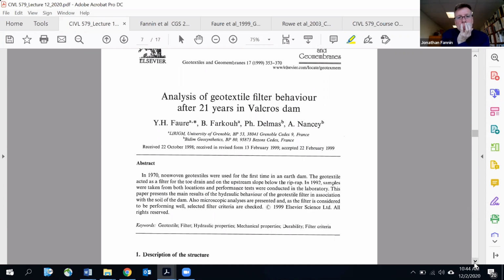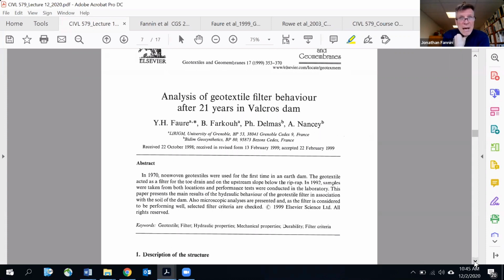And this is Valcross Dam. It's actually an interesting dam. I've had the privilege of visiting it. It was designed and constructed by Giroux, and I was in contact with JP Giroux, and he was wonderful. I was visiting friends in Europe, and I said, I'm not going to be a million miles away from the Valcross Dam, I might just go and take a look at it.